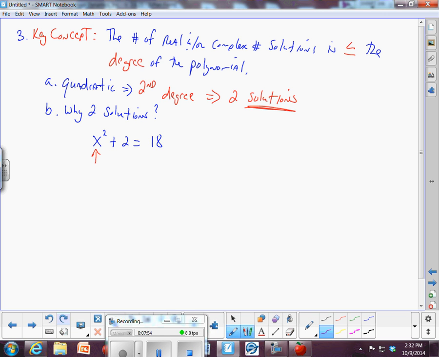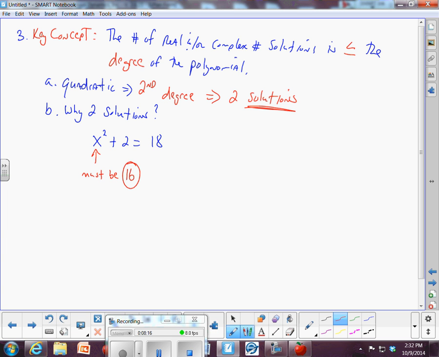I hope you agree that this x squared must be 16, right? Because 16 plus 2 equals 18. But that's not the value of the variable, right? The x squared must be 16.